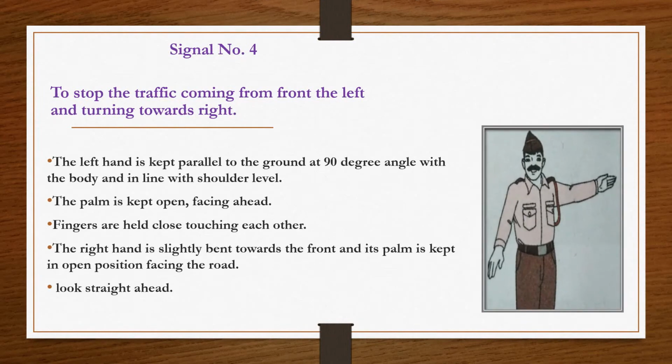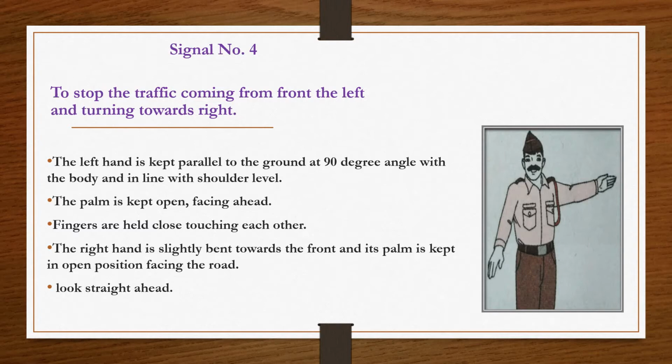Signal number 4, to stop the traffic coming from front, the left and turning towards the right. Students, please see in the image given how this policeman is standing. The left hand is kept parallel to the ground at 90-degree angle with the body and in line with shoulder level.